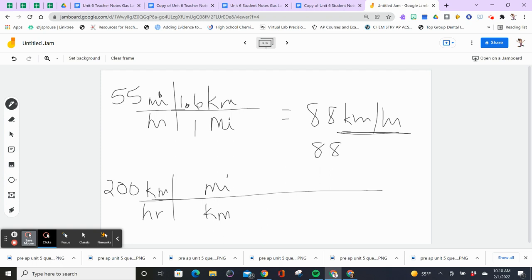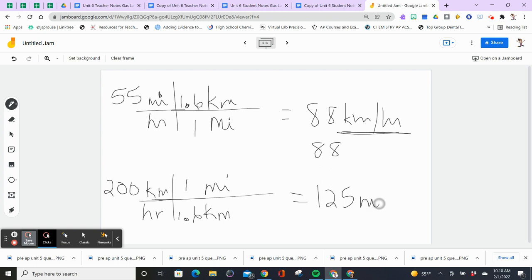And I want to leave the hours the same, so I don't have to change that. And again, 1 mile is 1.6 kilometers. So now I'm just going to take 200 and divide by 1.6, which would give me 125 miles per hour.